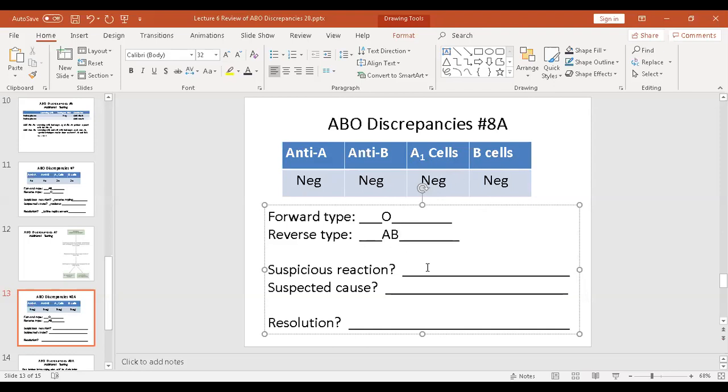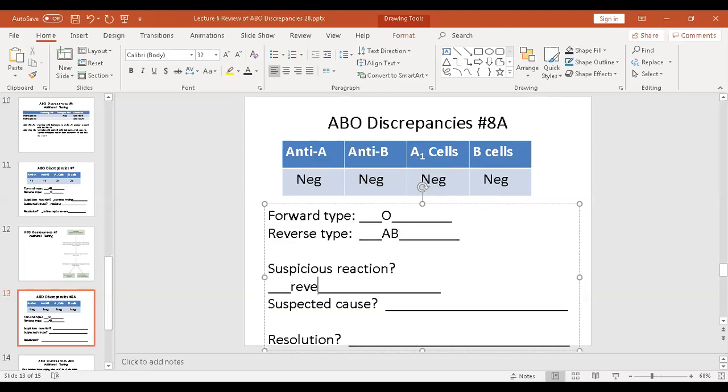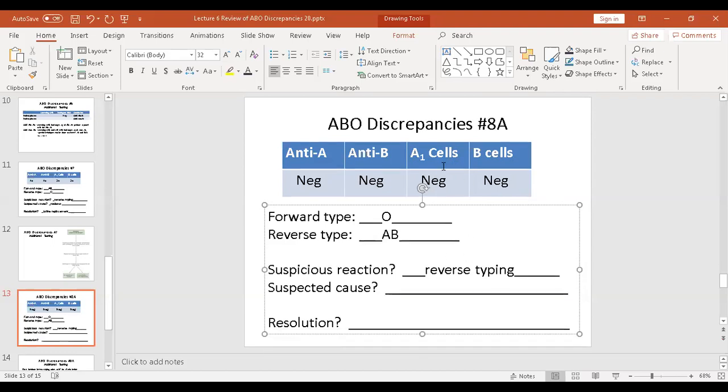We want to see if there are some reactions missing here. If these turn positive, then the forward typing would agree with the reverse typing.